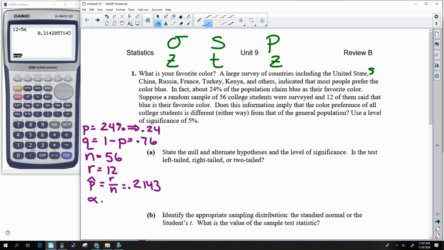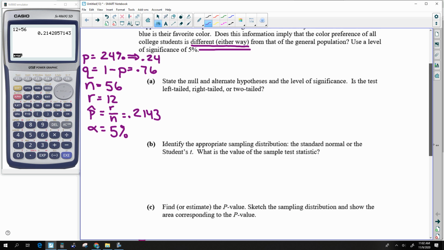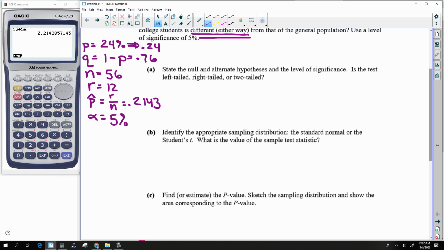And then what we're figuring out has a level of significance of 5%. Notice that we're looking for different, so that is going to be a two-tail with an is not equal to. The null hypothesis says that the probability of liking the color blue is 24%.